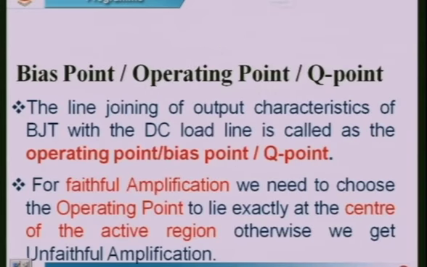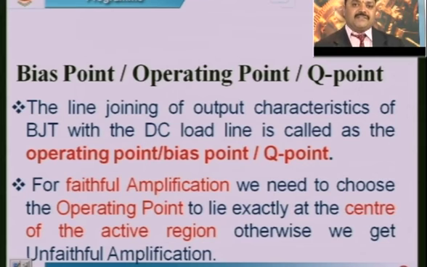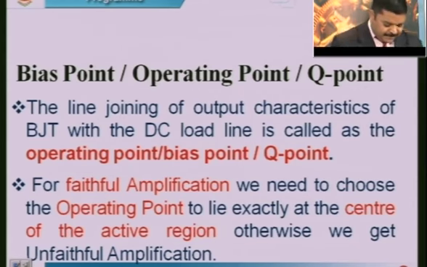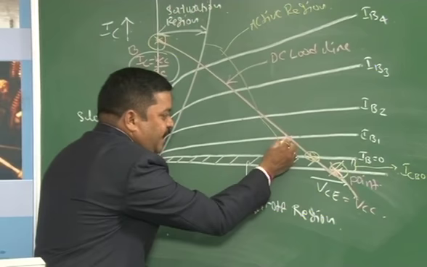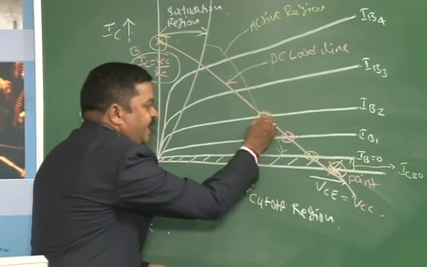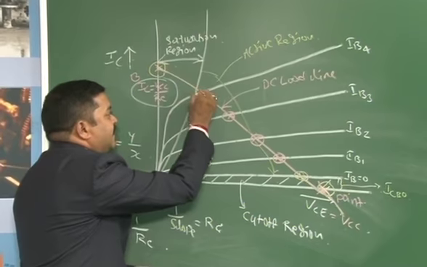Now, what is the use of this DC load line? It is fixing the operating point, or the bias point, or the Q point of the device. The points where the output characteristics of the BJT meet the DC load line are called the operating points, or the bias points, or the Q points. Let us say in this diagram one point is here, I will mark like this, and the next point is at this point, next is this point, next is this point.